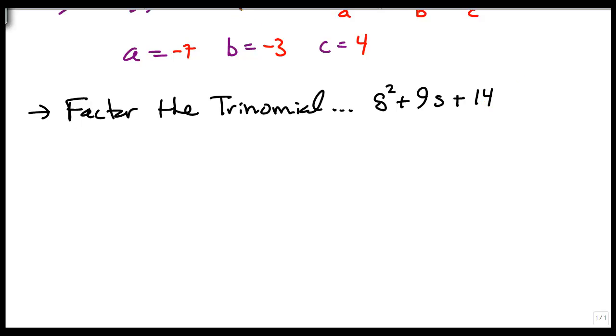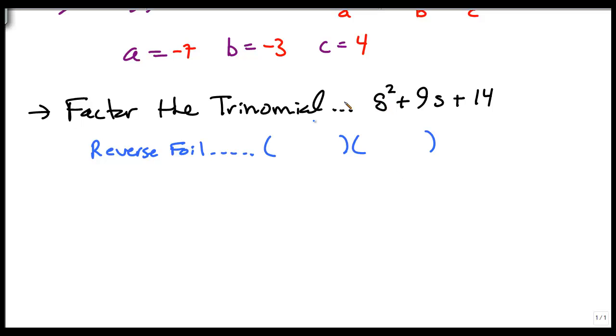Now, the first method I want to look at is called the reverse FOIL. And this is kind of just a trial and error approach, which actually most of the approaches are. You can remember when we learned to FOIL, when we learned to multiply binomials, we used that acronym first, outside, insides, last.